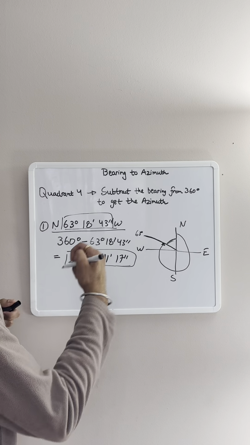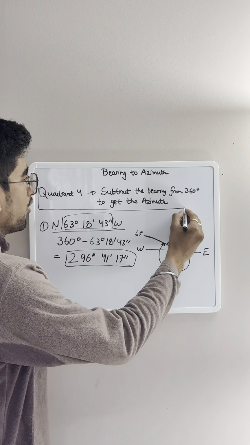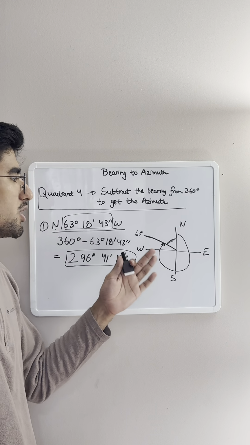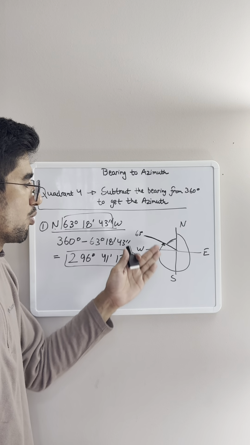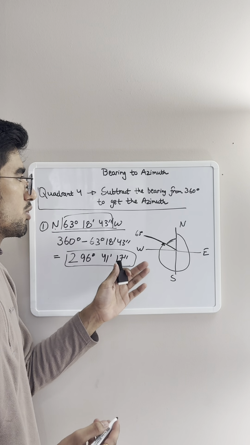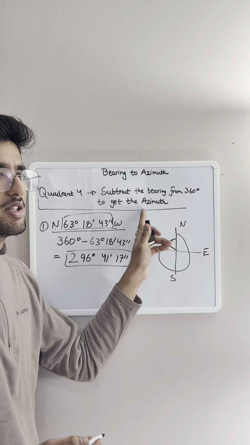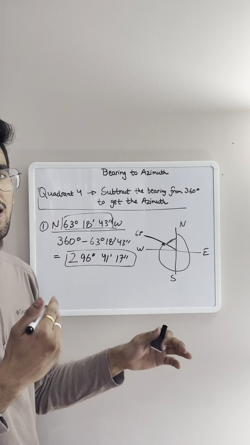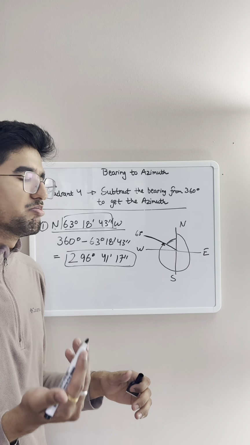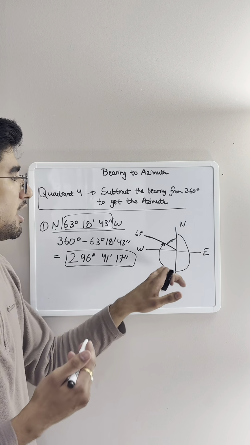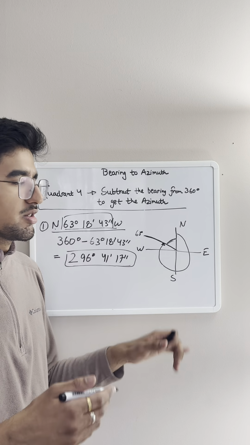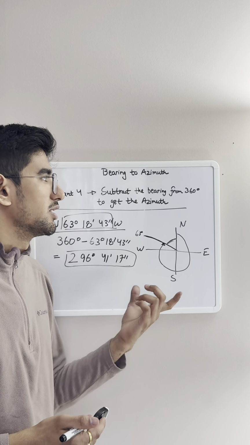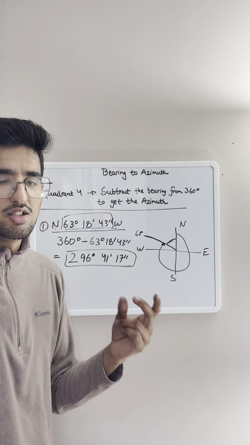I wouldn't suggest memorizing it, because if you know what's happening, you make the diagrams, and you know what you are finding and how to proceed, you don't need to memorize it. Initially, when you're converting between bearing and azimuth, I might recommend it, but once you get the hang of it and practice a lot, you won't need to memorize anything. You will be quick.